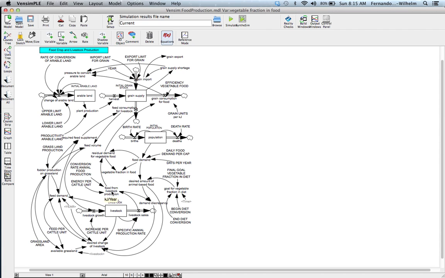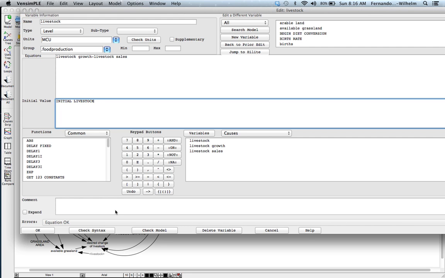There are a couple of coefficients here used to convert the amount of livestock, and the units of livestock here are cattle units. Let me look at that equation. The units are MCUs, which are probably millions of cattle units.